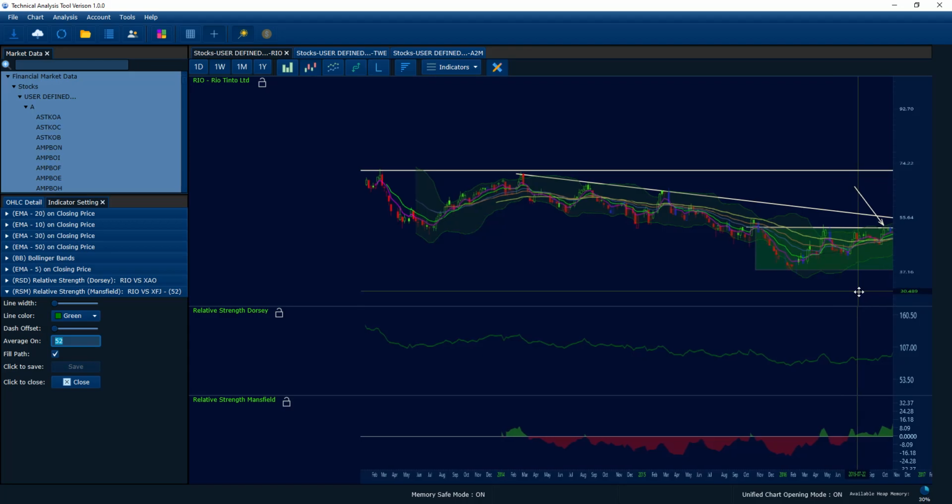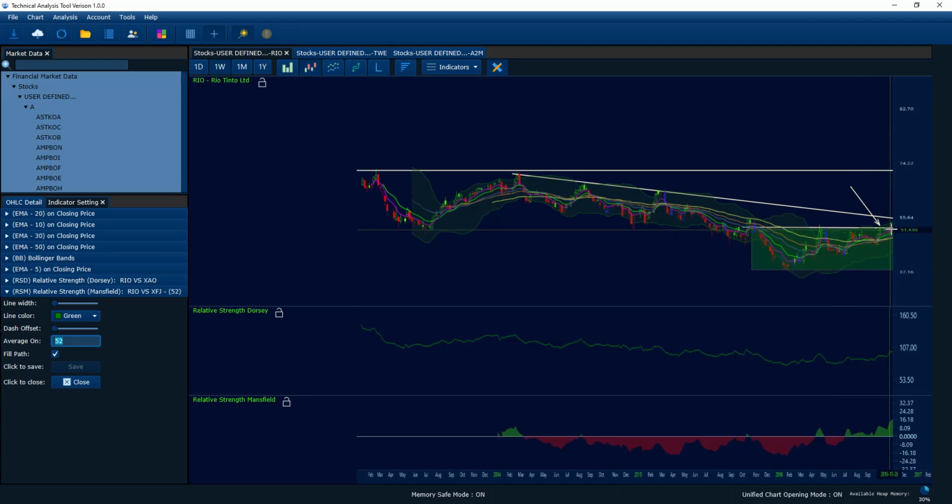Once it breaks out, as you can see, at the point it breaks out of this rectangle area, it is also outperforming the market. So if you see this kind of combination, you might be more confident that this breakout can last longer, because it breaks out when it's obviously outperforming the market. All right.